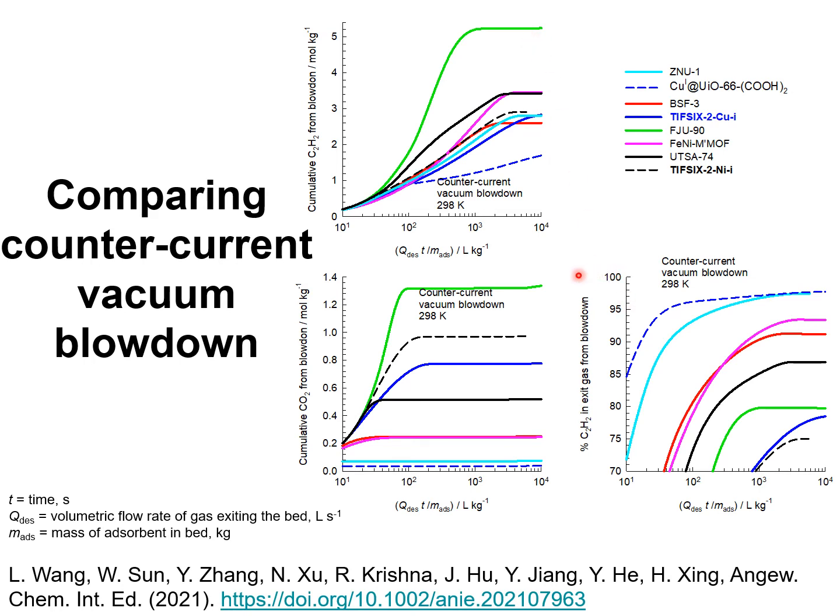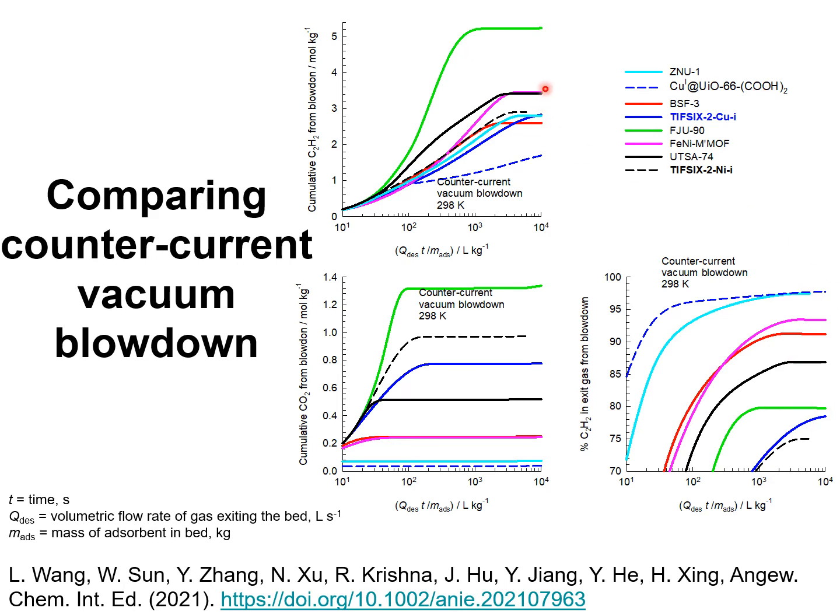The purity of the desired product, C2H2, is plotted against the effective time, and we note the highest purities of about 97% are realized by the MOFs that practically reject CO2 into the gas phase.